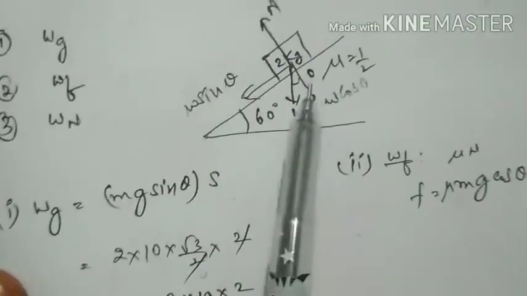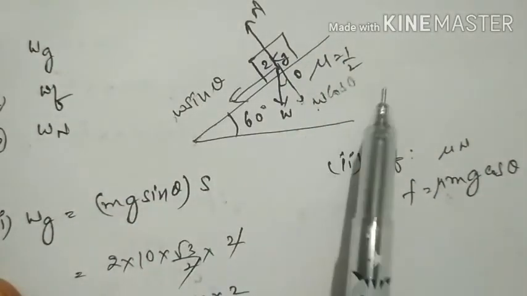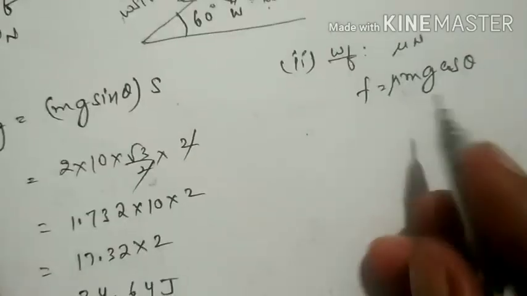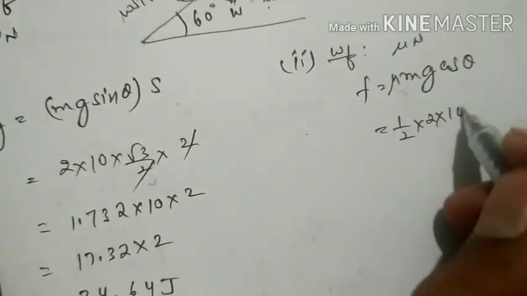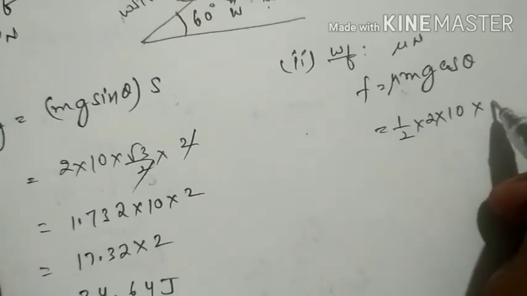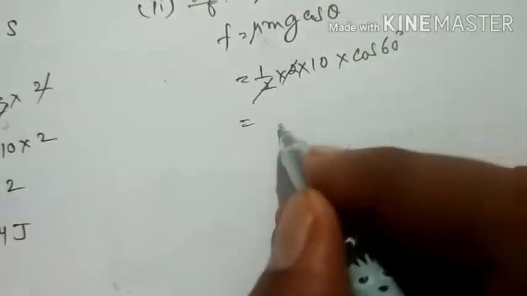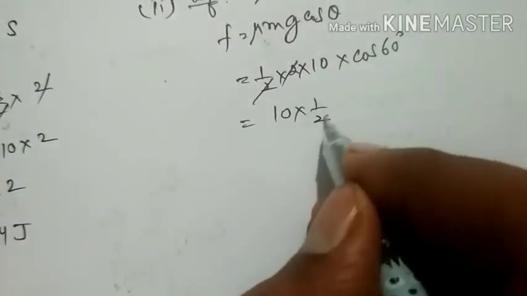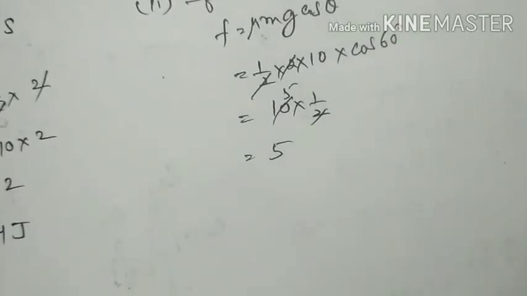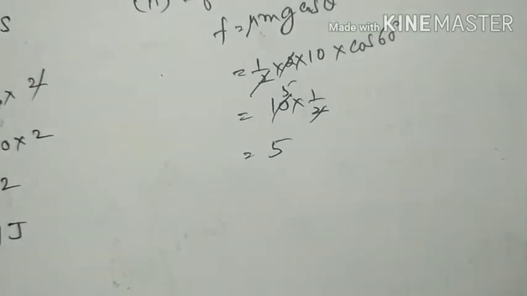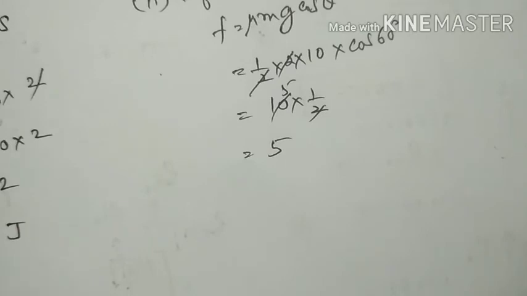N is equal to w cos theta, that is mg cos theta. So mu is 1 by 2, m is 2, into 10 into cos 60. 2 gets cancelled. 10 into cos 60 means it is 5 newtons. So friction is 5 newtons.